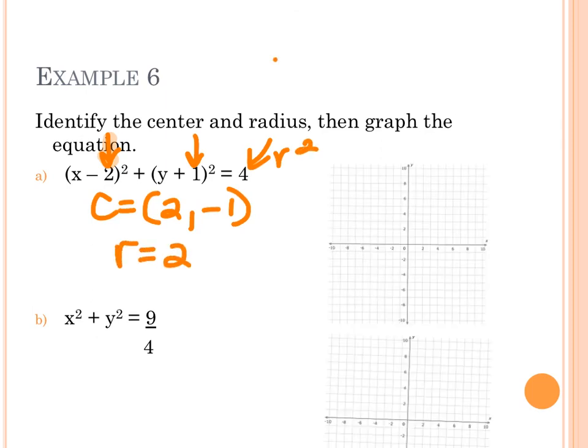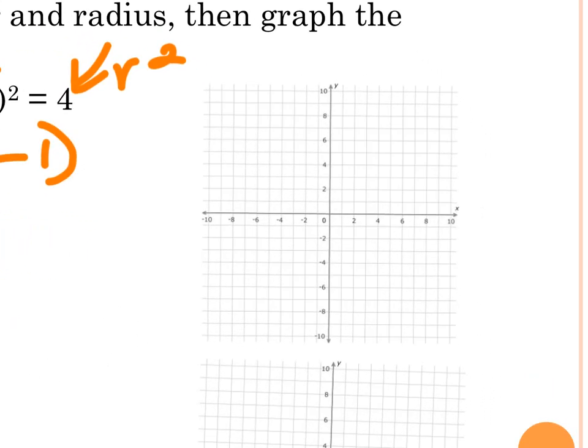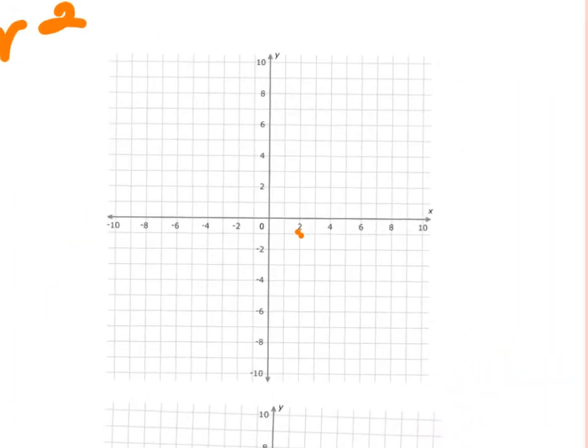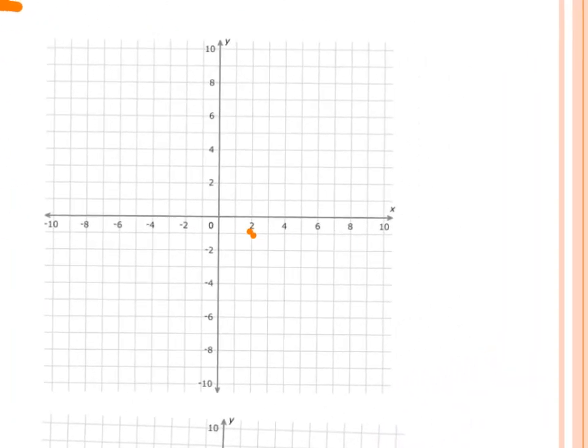So now I pulled in a graph here. I'm going to plot my center 2, -1. And then because my radius is 2, I'm going to go up, right, down, and left 2. So up 2, that's my one point, to the right 2, down 2, left 2, and then to the best of your ability, because they're not always going to look that pretty, you want to connect those points.